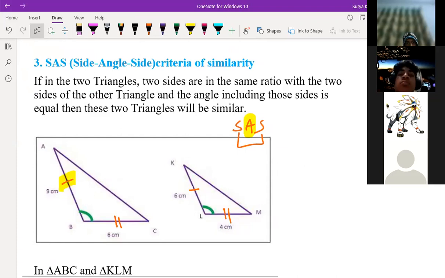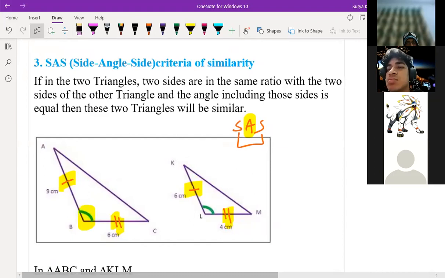Suppose these two sides are proportional. So what we are doing here is this angle B and this angle, if you see here, is exactly in between these two sides. Can you see that, children?